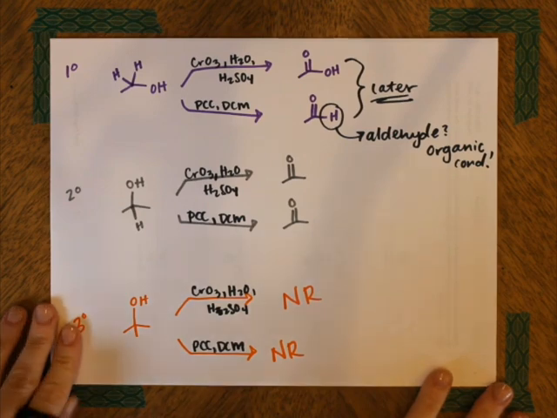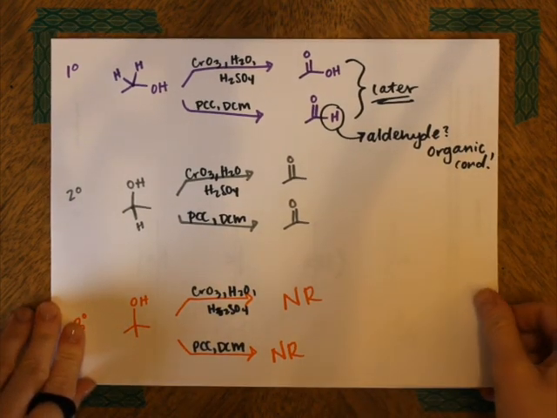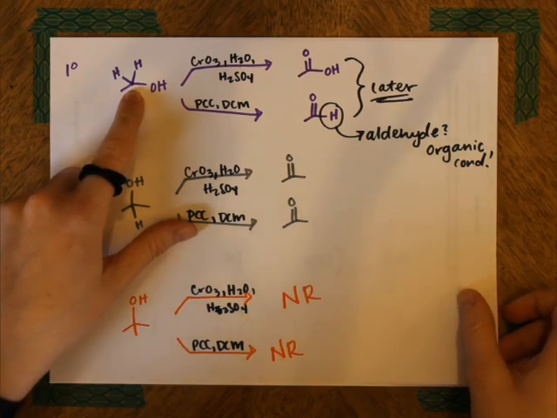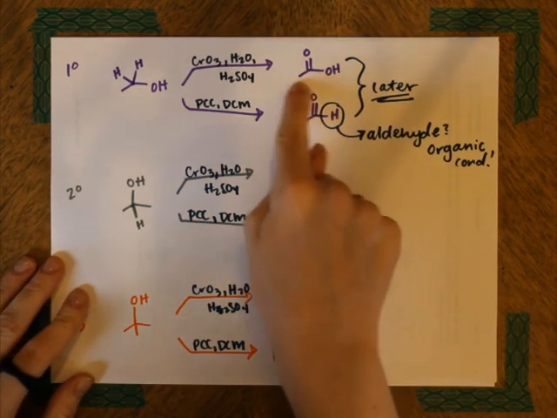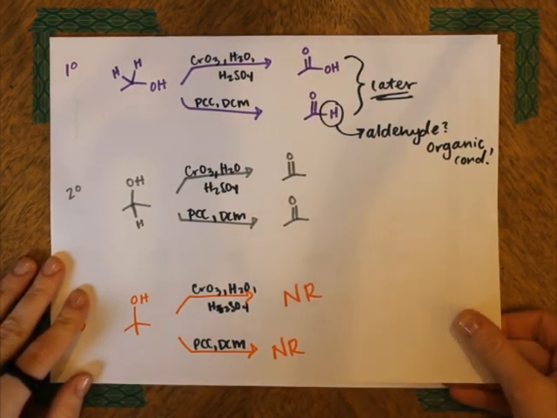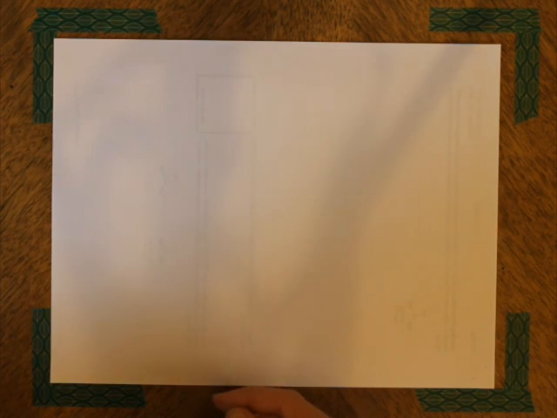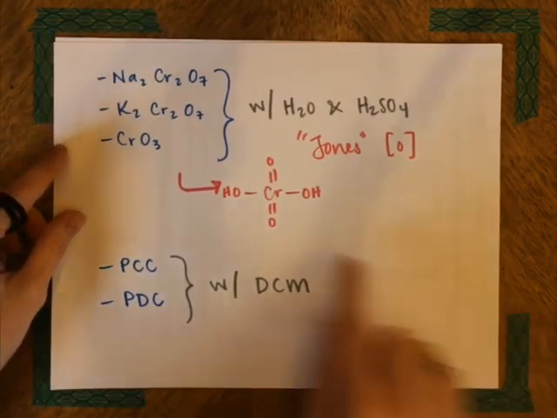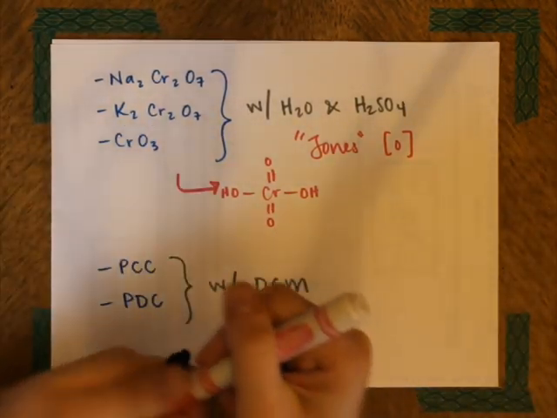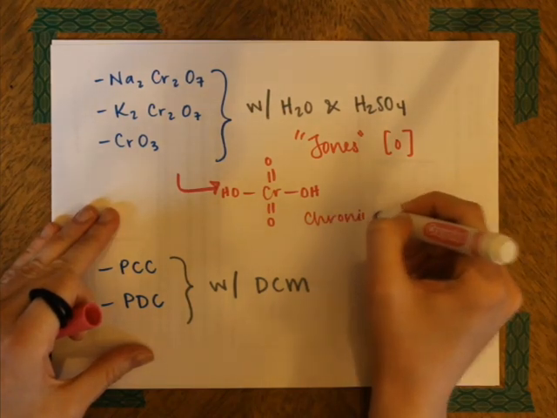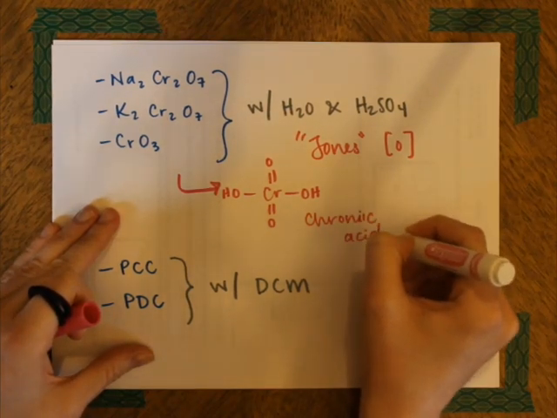So let's start looking at a mechanism with a primary alcohol, so that we can show it going to make the carboxylic acid and what that would look like. Remember how earlier I mentioned that anytime we're doing Jones oxidation, we're going to make chromic acid.